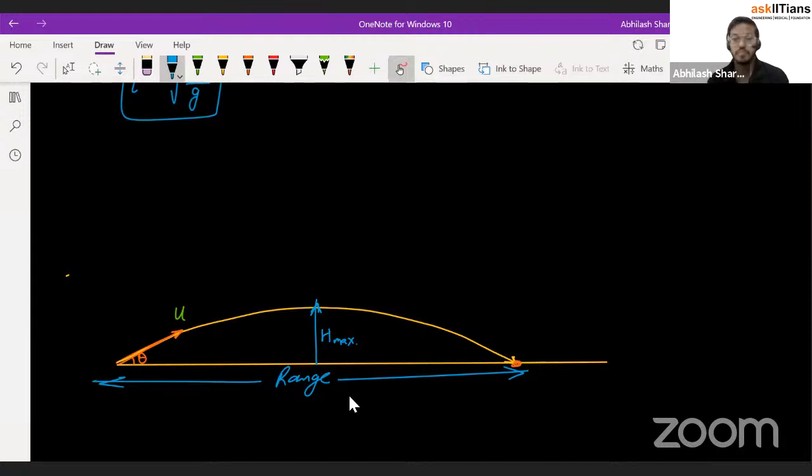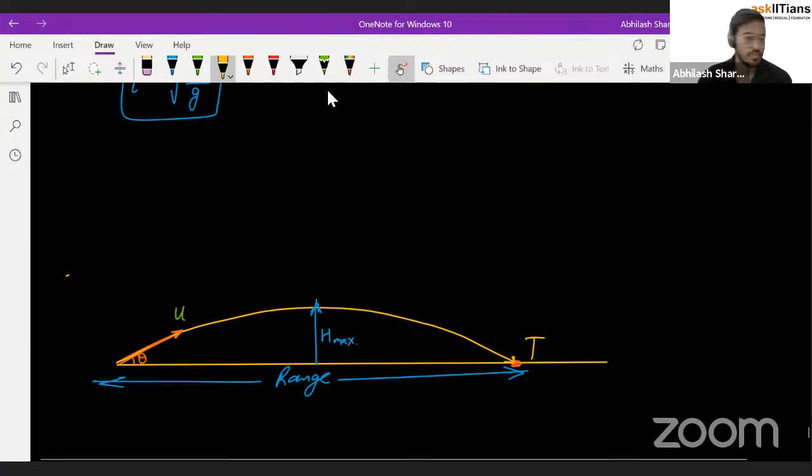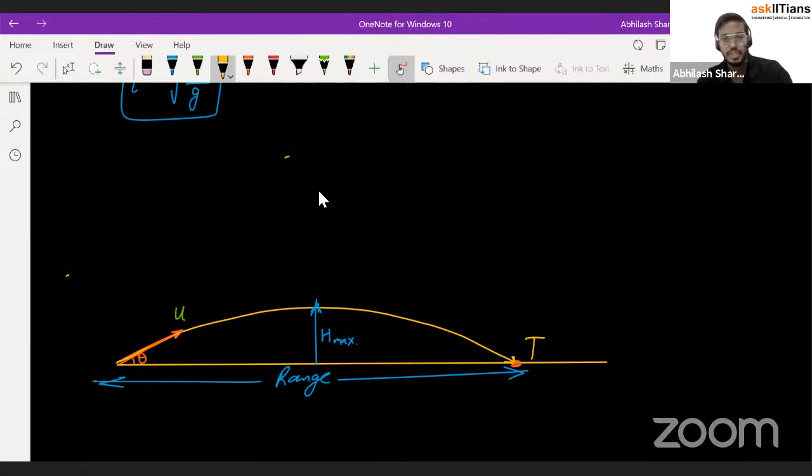And there is a time for which this missile was in the air, and that's called the time of flight. So it's the time after which this missile hits the ground. Now we are required to find these three things.